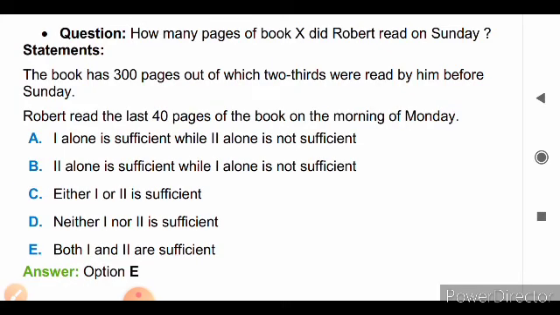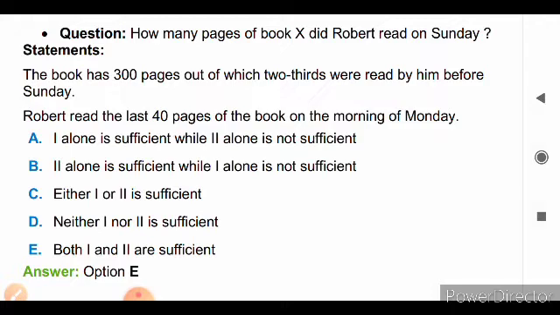Next question is: how many pages of book X did Robert read on Sunday? Statement 1 is the book has 300 pages, out of which two-thirds were read by him before Sunday.